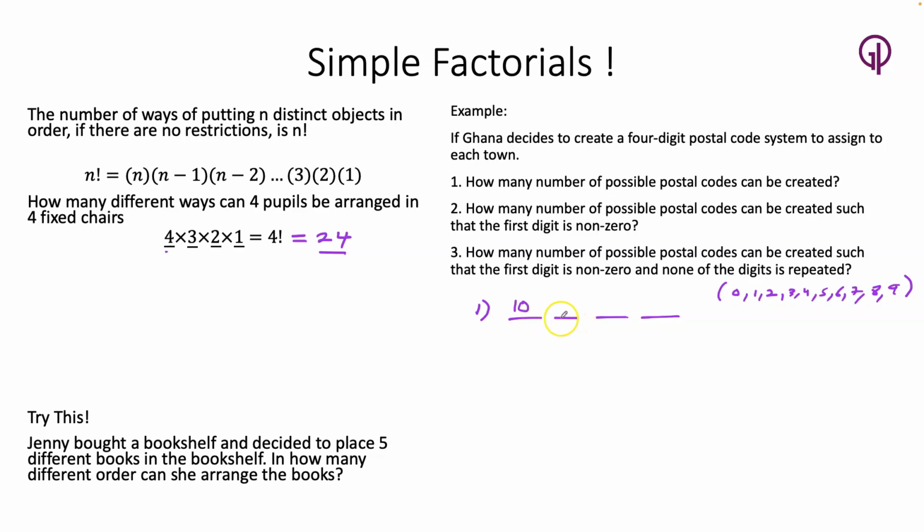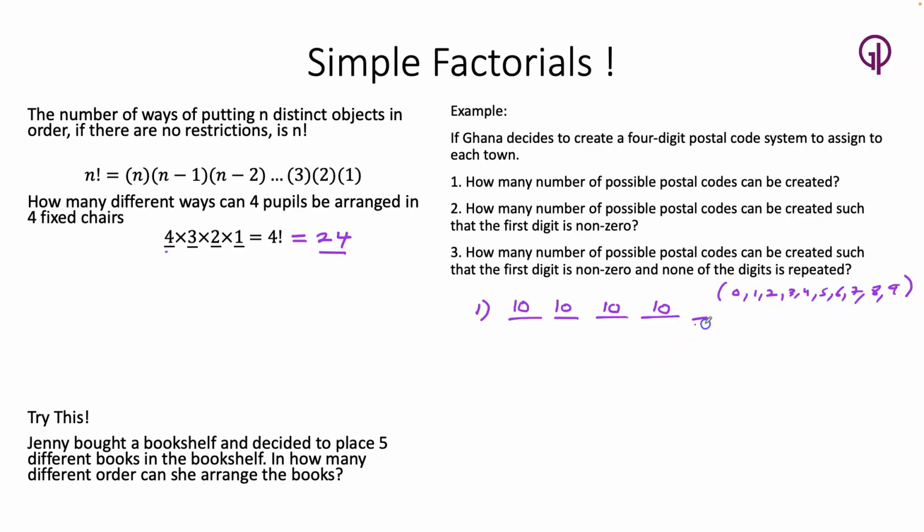Now for the second slot, there are also 10 digits that can go for the second slot as well. Now for this particular slot, which is the third slot, there are also 10 digits that can go here. For this last slot, there are also 10 digits that can go here.